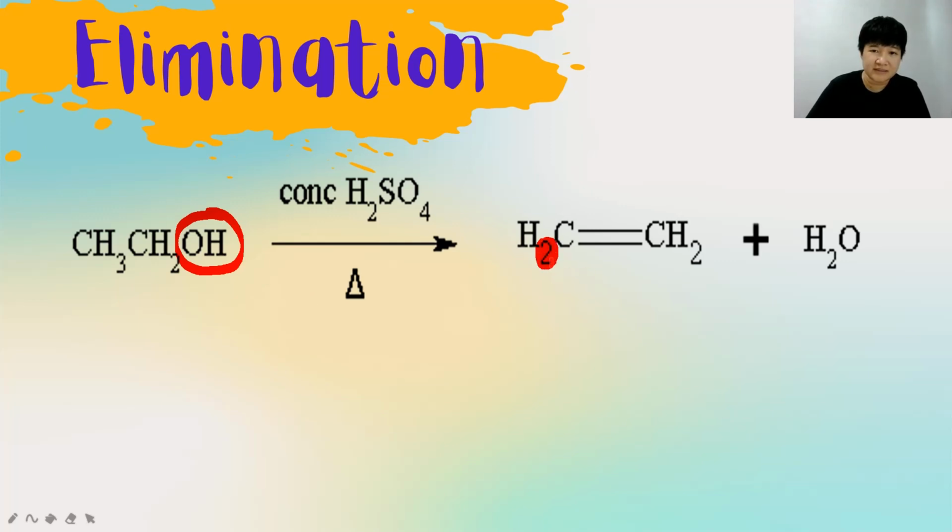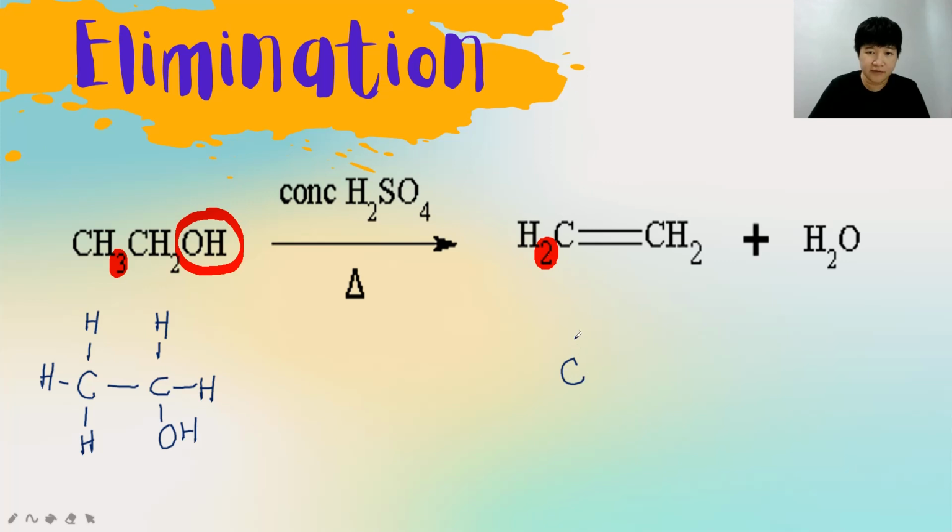Hydrogen over here is CH2 only. Hydrogen over here is CH3. If that is not clear, let's expand it. You have a CH3 over here, CH2 and an OH. While your product only has a CH2 double bond CH2.